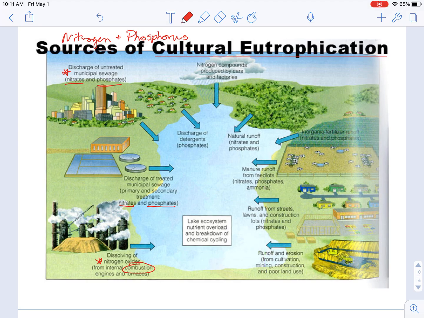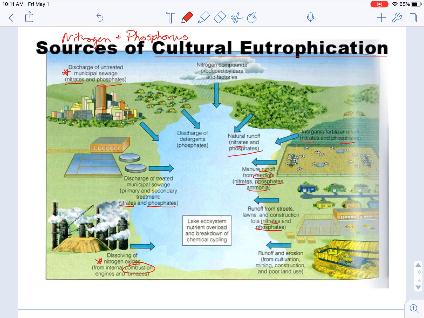Let's see. Both when it comes from streets and lawns due to fertilizers and stuff like that, again, it's both nitrates and phosphates. We got our runoff from feedlots, again, nitrates, phosphates, ammonia, which is a form of nitrogen. Fertilizers, again, nitrates, phosphates, natural runoff, nitrates, phosphates.